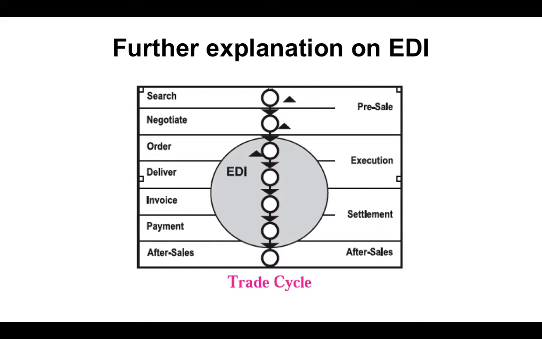Of course, delivery will happen physically, but purchase orders, invoice, payment, this whole cycle is happening electronically without manual intervention between the school and the shop in my example. Since it is happening electronically, it is called electronic data interchange.